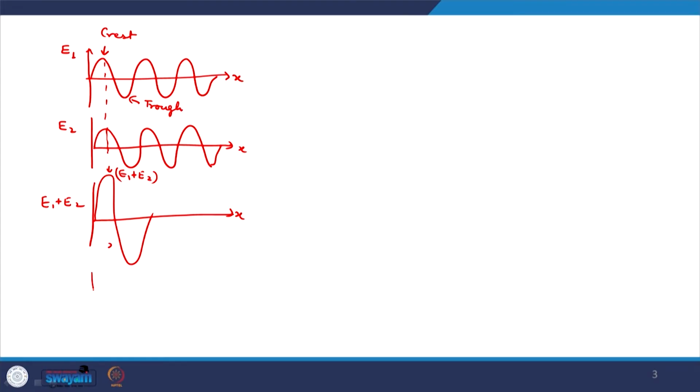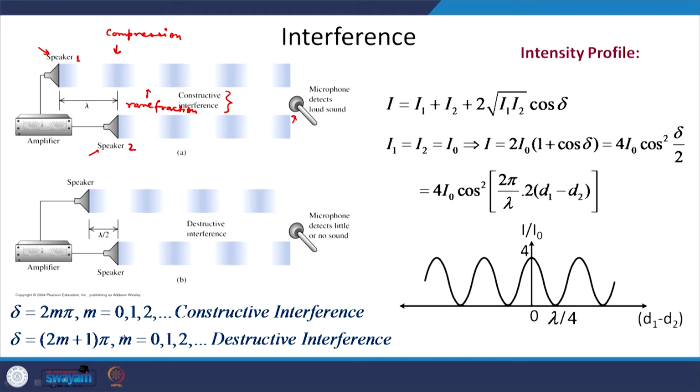everywhere, and if they are out of phase like this, so it will be E1 minus E2. So, this is how the electric fields vary, and when these electric fields vary, then the intensity can be given by I is equal to mod E1 plus E2 square, which becomes E1 square plus E2 square plus 2 E1 dot E2.